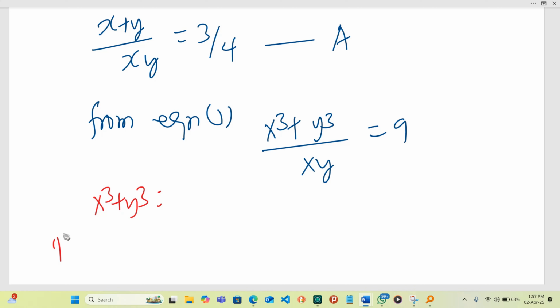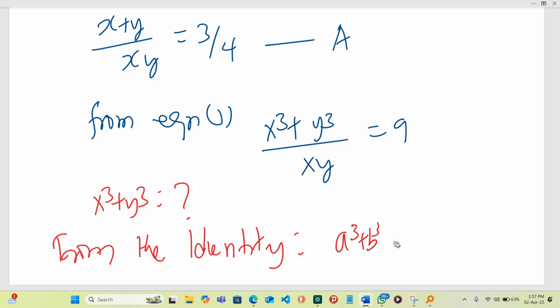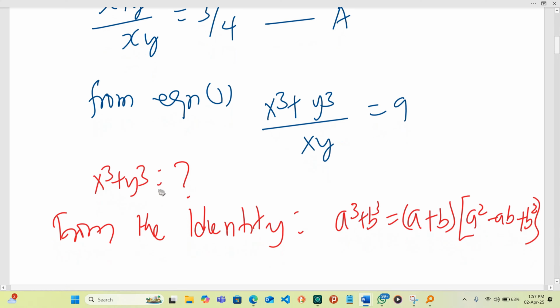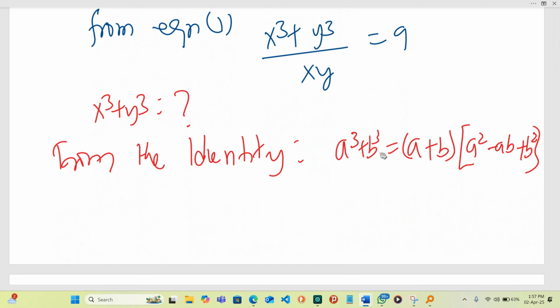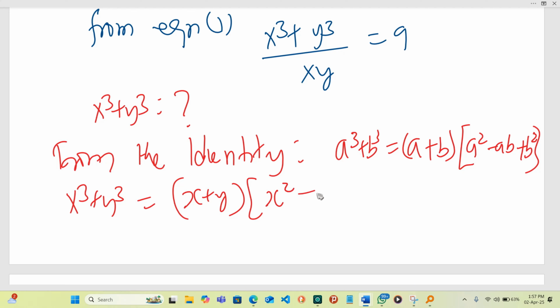So we know from the identity, a cubed plus b cubed is equivalent to (a plus b) times (a squared minus ab plus b squared). If we relate that with x and y, x cubed plus y cubed will therefore equal (x plus y) times (x squared minus xy plus y squared).